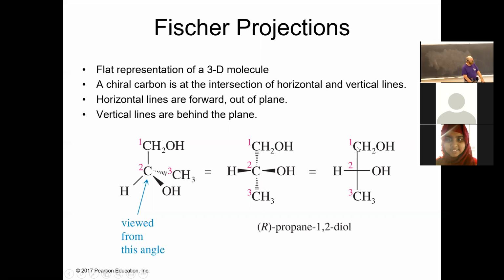Instead, we could reorient it, or we could look at the priorities. This OH is 1, CH2OH is 2, methyl is 3. That looks counterclockwise, but we're looking at it from the wrong direction, so it's actually R.